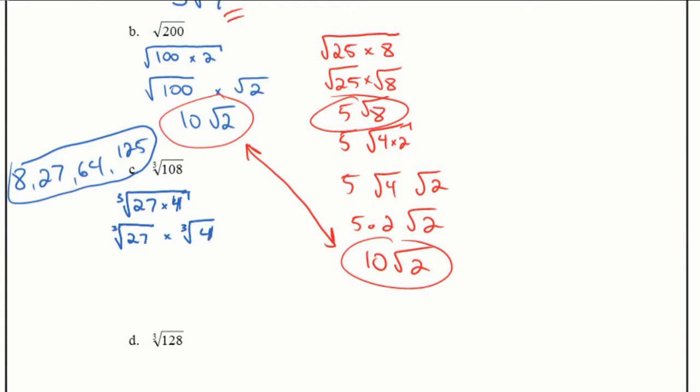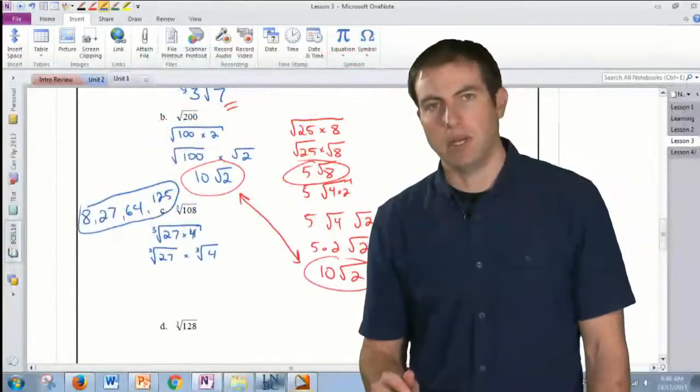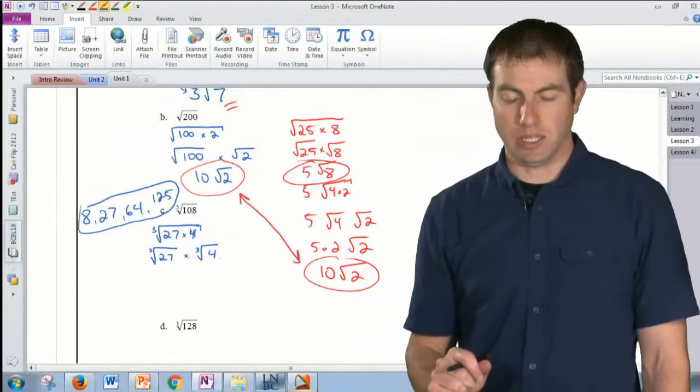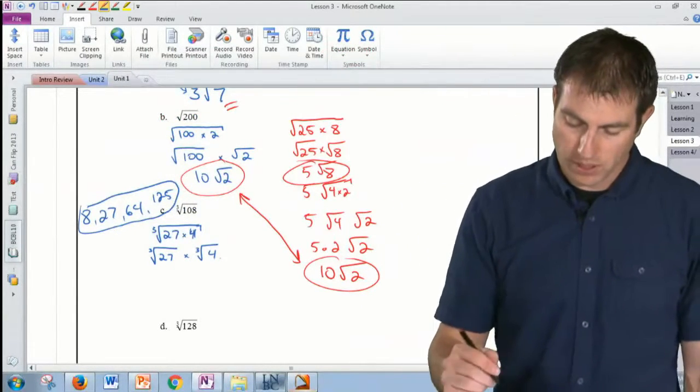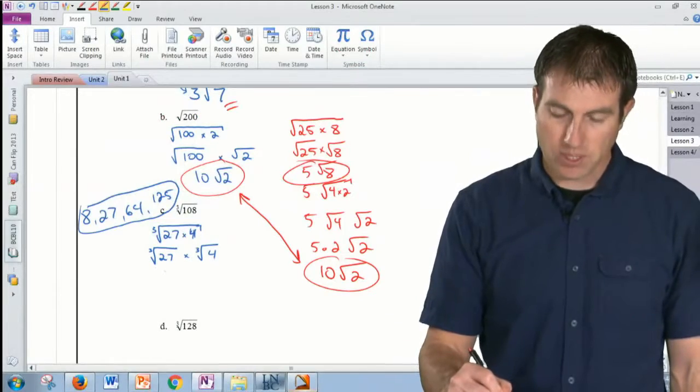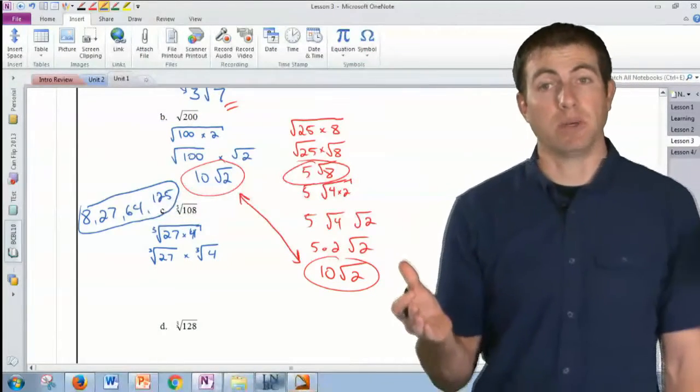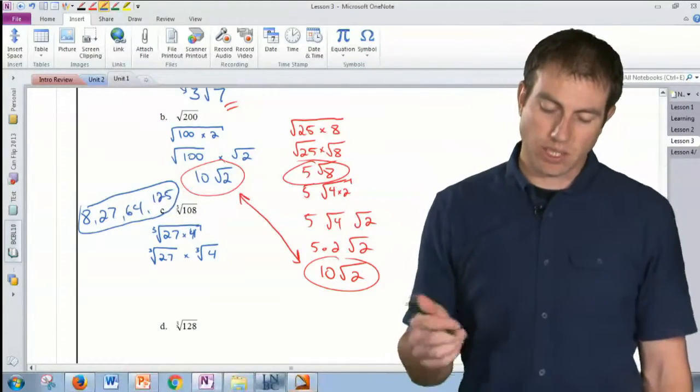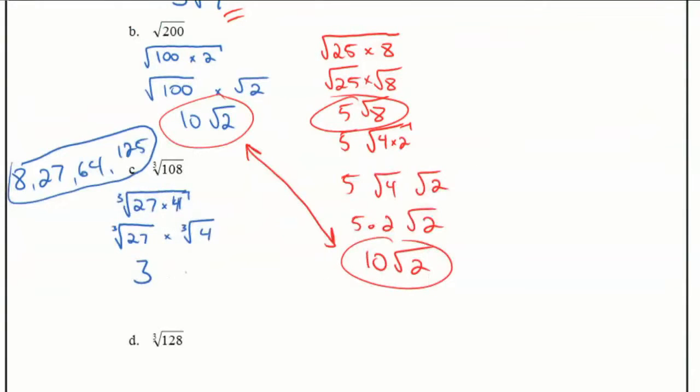And here's another spot where students will make some common mistakes. I bet you could probably guess what the common mistake is that students make. So I know the cube root of 27 because when I think about what number multiplied by itself 3 times gives me 27, I know that's 3. The common mistake students will make is with the cube root of 4.